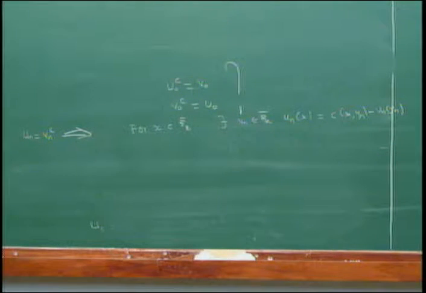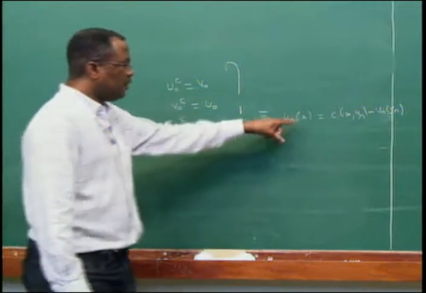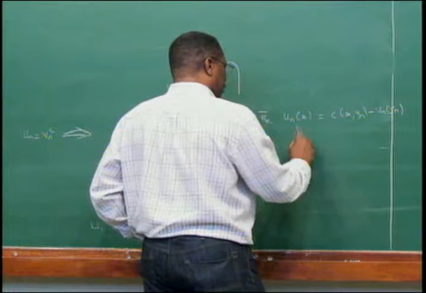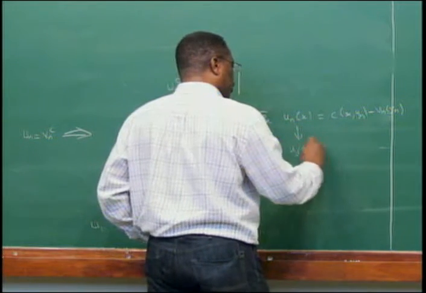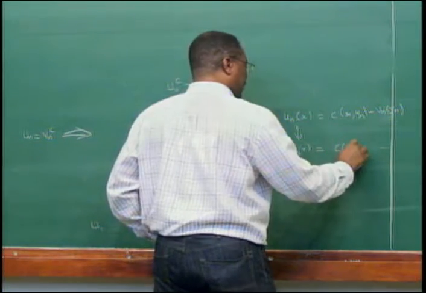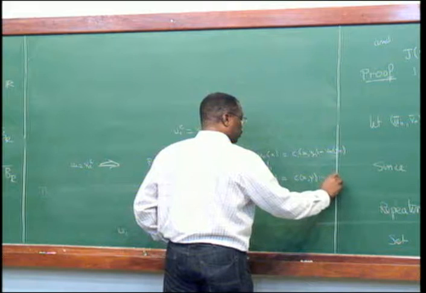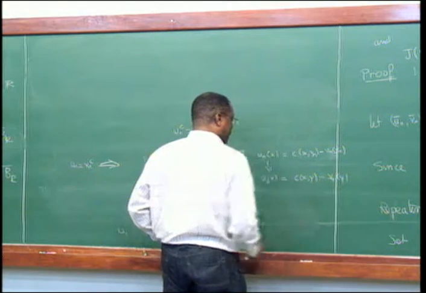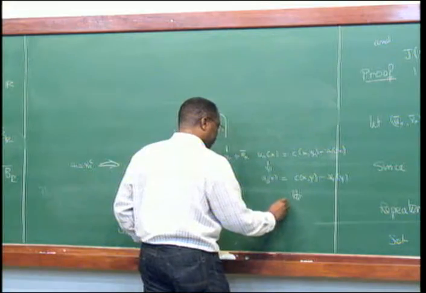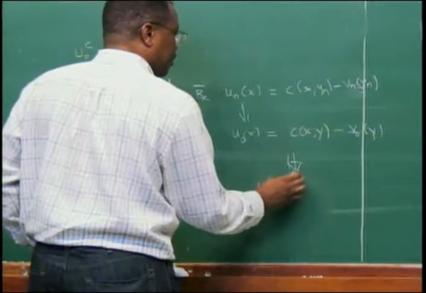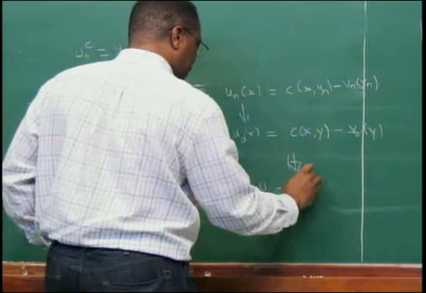The subsequence will converge to a certain y which remains in the ball. This function converges uniformly. So I have, this goes to U naught of x, that goes to c of x, y, and this will go to V naught of y, which implies that U naught equals V naught^c.